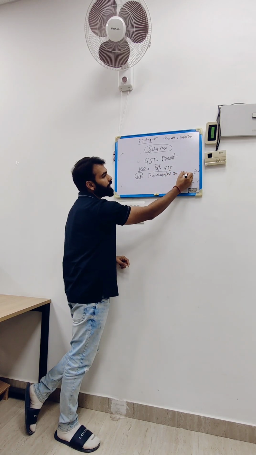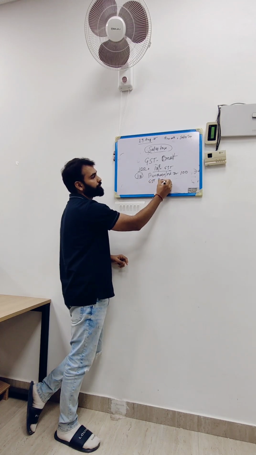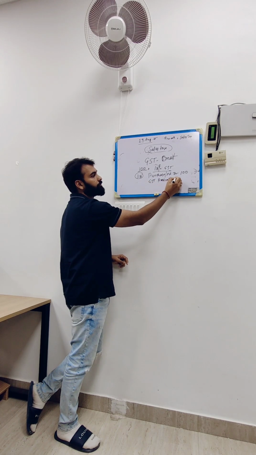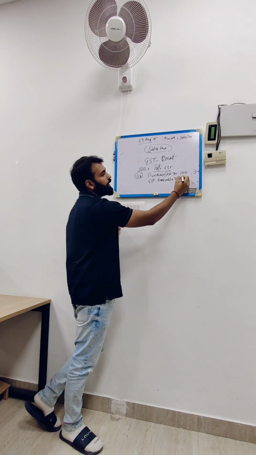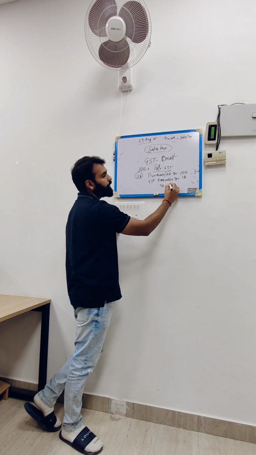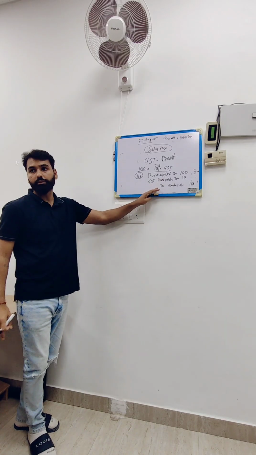So I'll do 100. I'll create a GST receivable debit, so that becomes my asset the moment I pay it. That will be 18, and then to vendor account 118. Now let's say that I receive these services from the vendor.